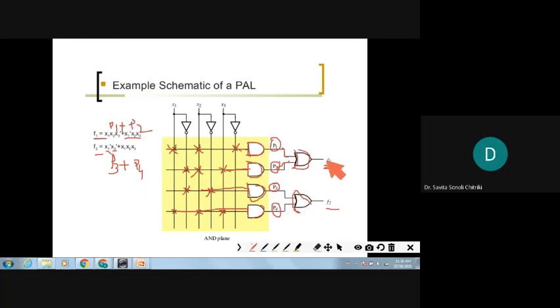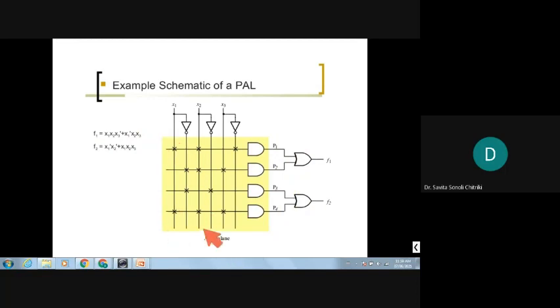Like this, the functions F1 and F2 are implemented using AND and OR gates. Entire this structure is called the AND plane, and all these are OR structures here.